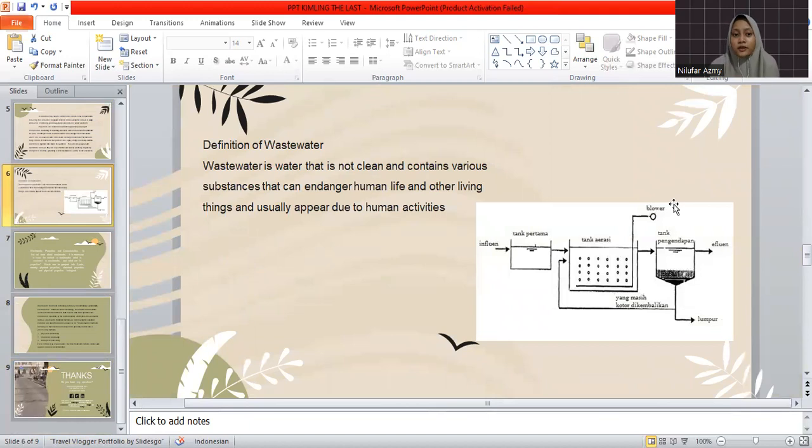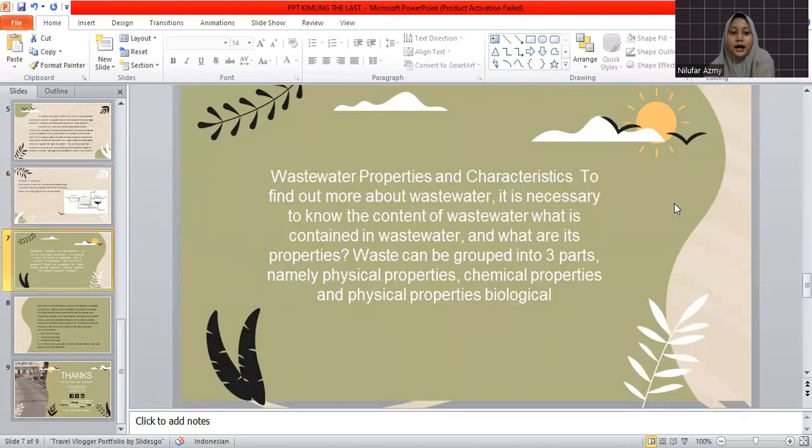And then, definition of wastewater. Wastewater is water that is not clean and contains various substances that can endanger human life and other living things, and usually occurs due to human activity. And then, wastewater properties and characteristics.